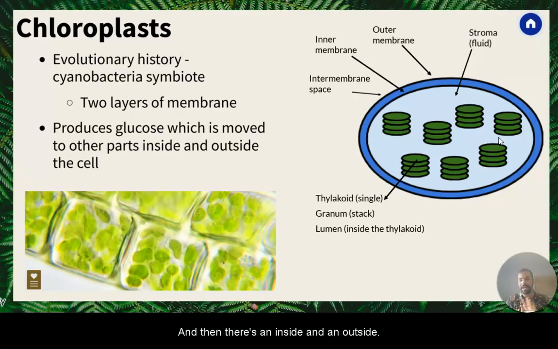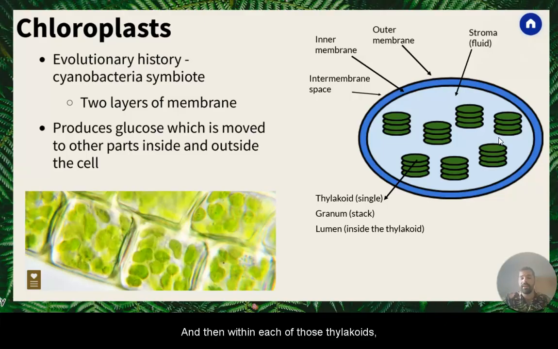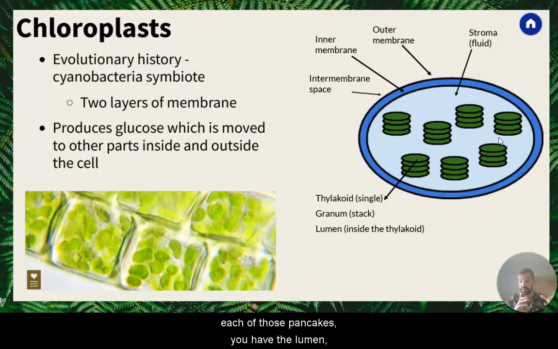And then there's an inside and an outside, so we refer to the stroma of the chloroplast as the fluid within the chloroplast, what was once the cytoplasm of a cyanobacterium. We refer to that as the stroma. And then within each of those thylakoids, each of those pancakes, you have the lumen, which is the space within them.